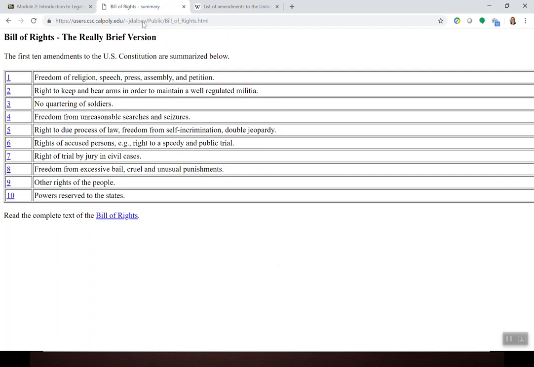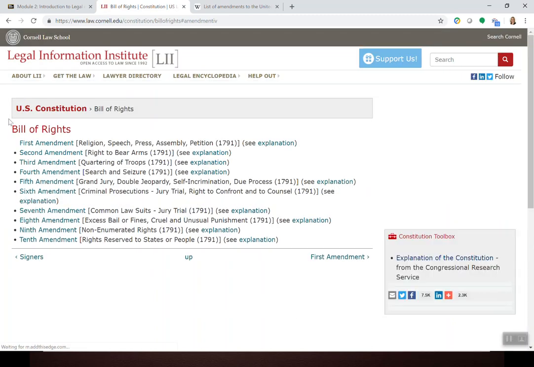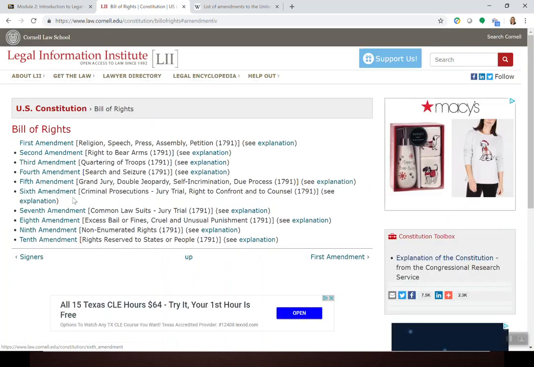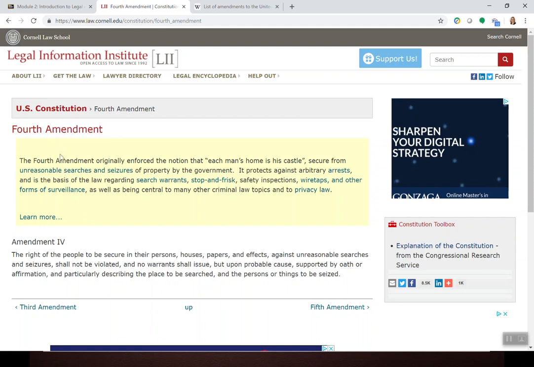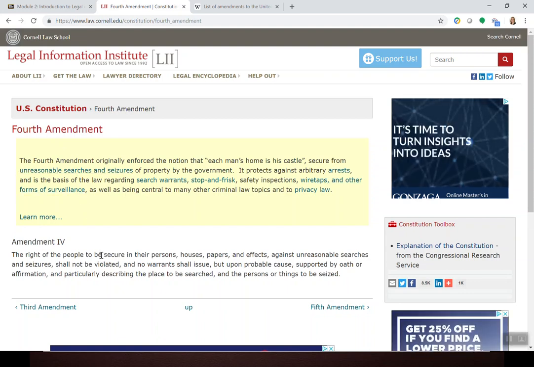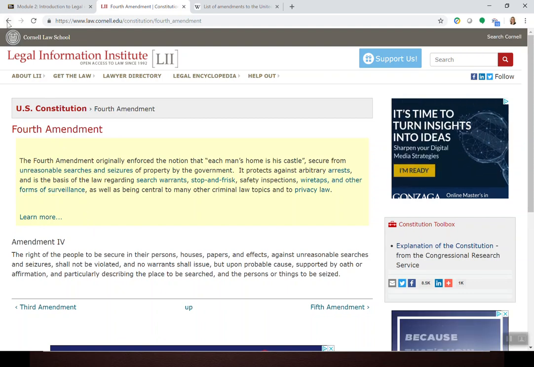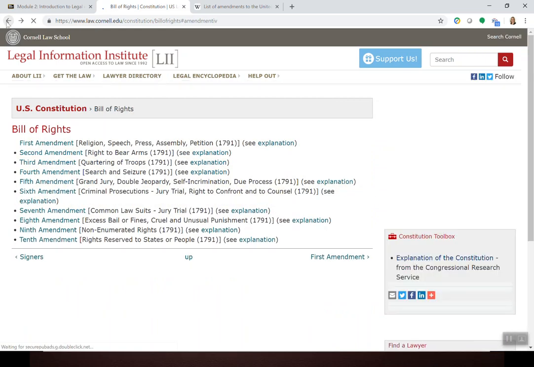You'll see a lot of the Fourth Amendment here. This is the Fourth Amendment. We'll have some lectures on the Fourth Amendment. And if you click on this, it will show you the actual amendment, what it's about and what it states in the Constitution. So if you're not familiar with these, you might want to spend some time.